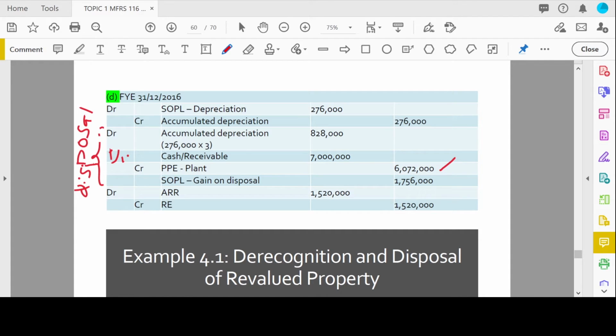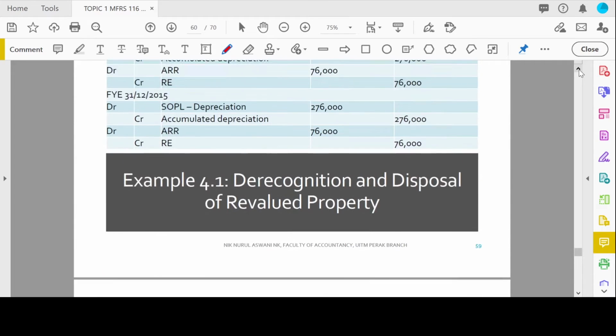And then from these 3 accounts, you find, is there any difference between debit and credit in the total? Yes. So the difference is to be recognized in SOPL. If you credit SOPL, it means there is a gain on disposal of 1.756 million. Does it tally with your previous answer when you calculated gain or loss on disposal, 1.756?